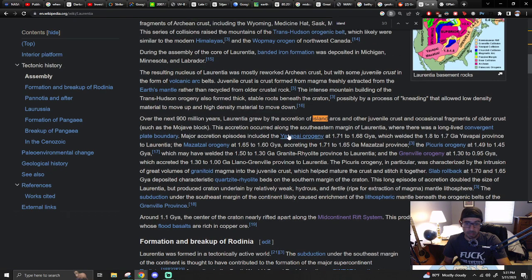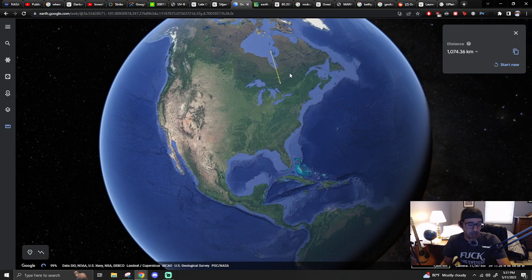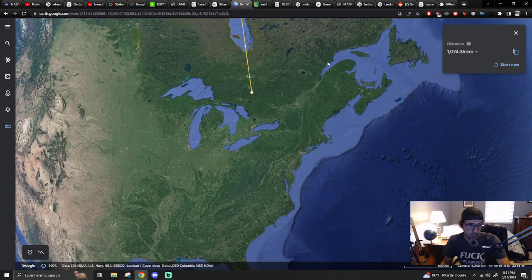Okay, so thinking, going back to what we were just talking about, Grenville orogeny is like here.